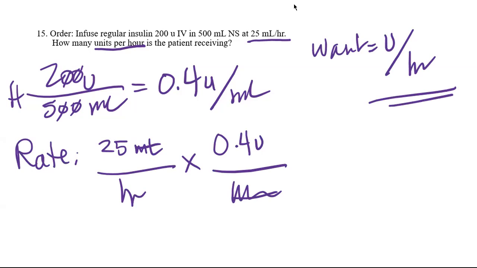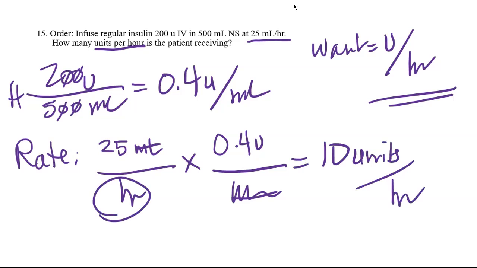So we take 25 and we multiply it by 4/10. 25 times 0.4, and you get 10. So that is 10 units per hour. We have hour here and we've got units here. All right, so we got the right answer.